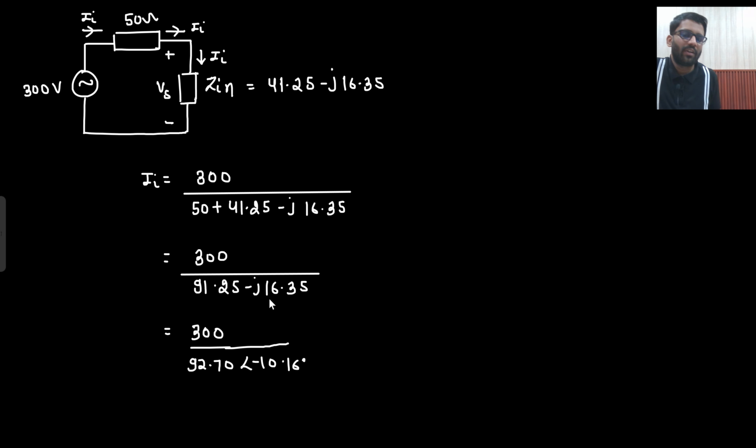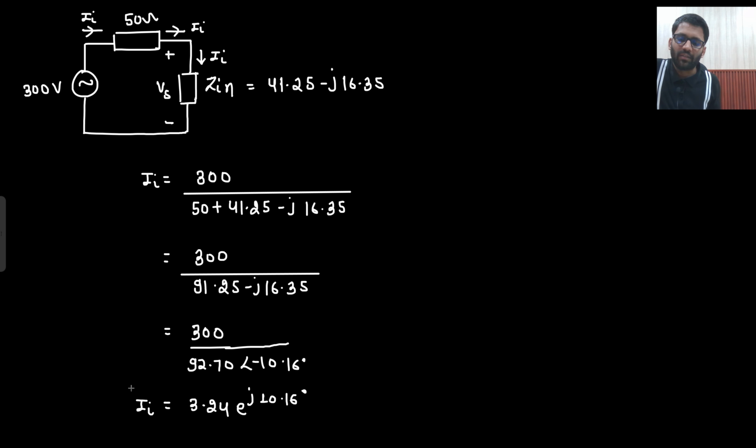Now the magnitude: 300 divided by 92.70. So roughly 3.23, 3.24. 3.24 e to the power j10.16 degrees. So this is your I in.